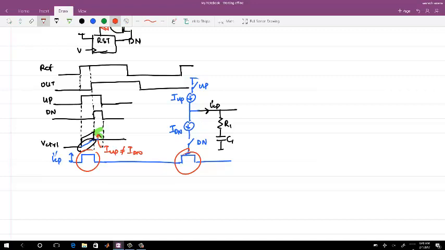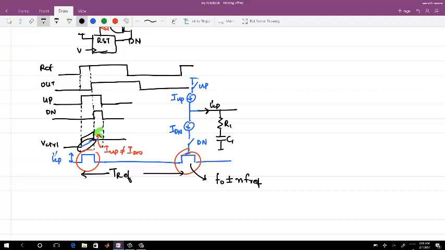This periodic injection into the loop filter will cause a periodic change in the control voltage, which will then get modulated to the output frequency. This is Tref, right? So these pulses then lead to F naught plus minus n times F ref modulations.